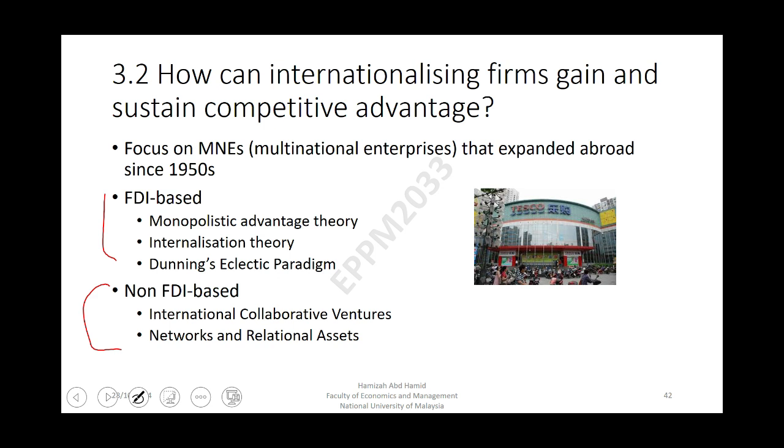If firms internationalize through FDI, they can gain advantage through monopoly, through internalization, and through a combination of ownership, location, and internalization. Firms can also gain and sustain competitive advantage if they do not internationalize through FDI. They can do that through collaborative ventures and also networks.